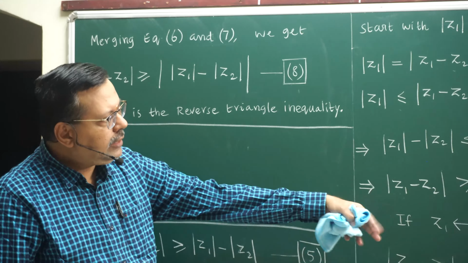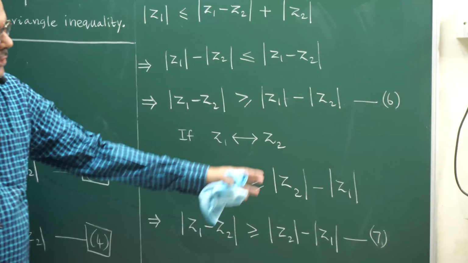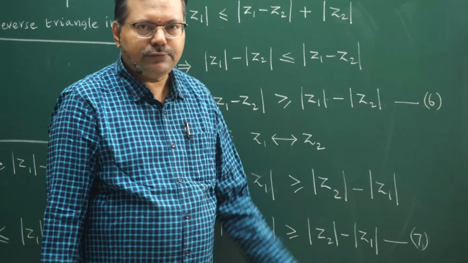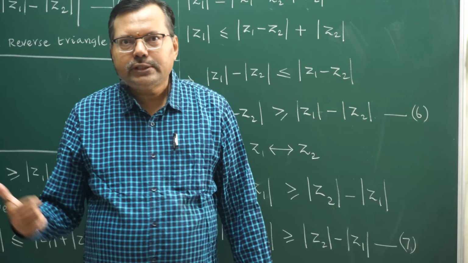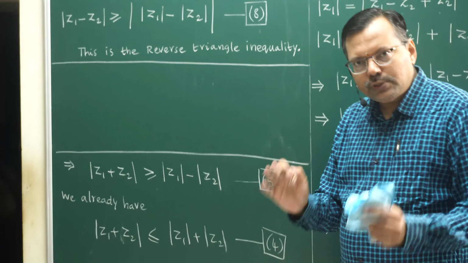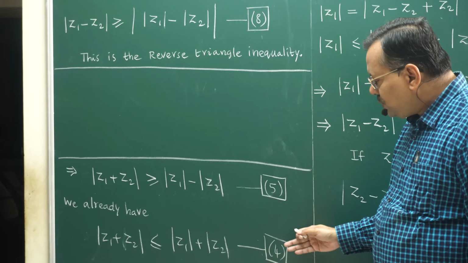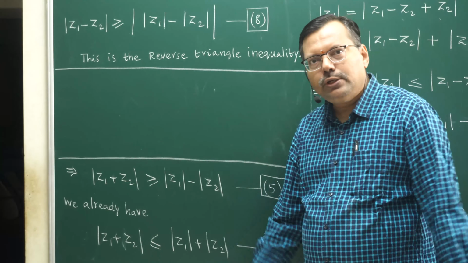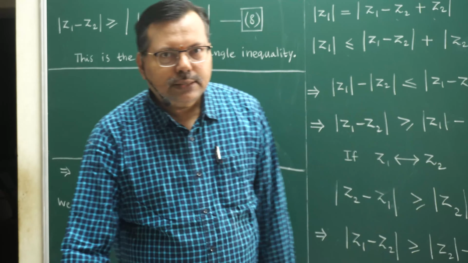In between we have 6 and 7, but 6 and 7 are intermediate steps, so let us not consider them as a final version. The final version is written here. So the conclusion is, if you want to solve any problem, you use 4, 5 and 8. Whatever you want you can use, that is your freedom, but this is the point.